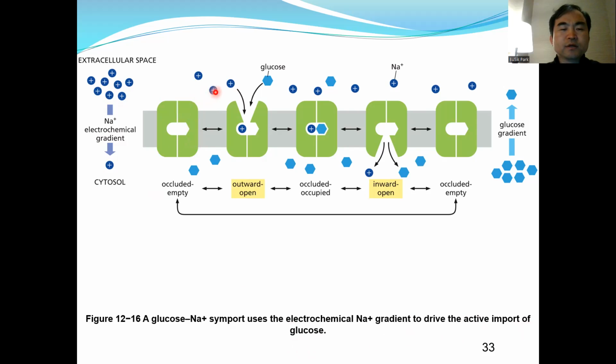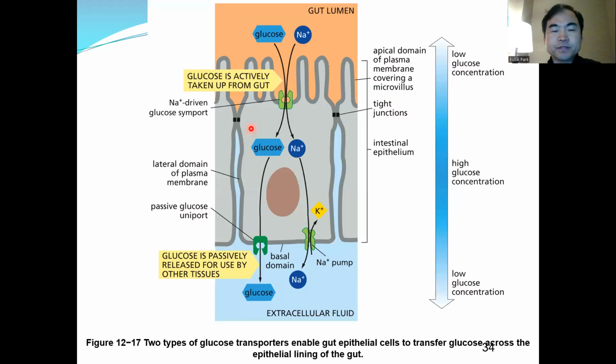At first the sodium ion binds, and then glucose also binds, and then they are released this way. In that case, the glucose gradient is in the opposite direction, however the sodium gradient is in this direction. So when sodium ions move through in this direction, glucose also binds and moves. So that's the one.